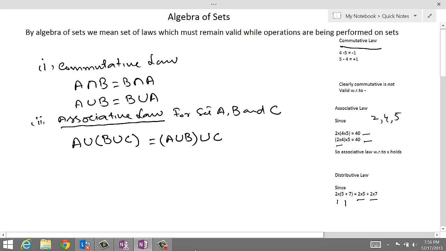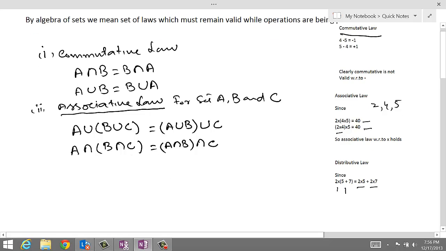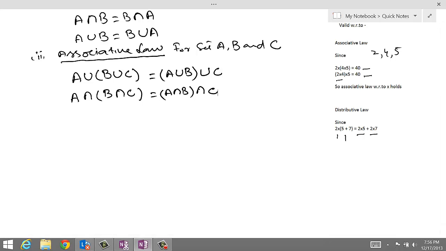This is called associative law with respect to union. Same thing for intersection. A intersection B intersection C is equal to, let's take intersection of A and B first and then take the intersection with C. These are called associative laws. The first is called associative law with respect to union. The second one is called associative law with respect to intersection.